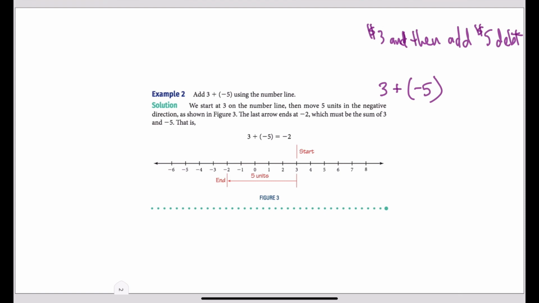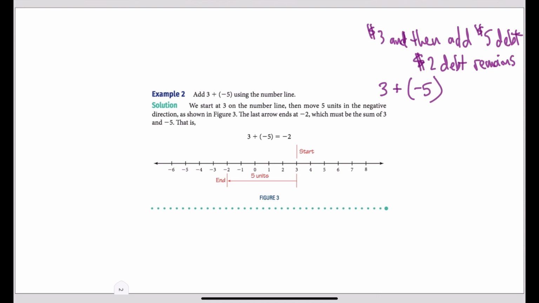Because I owe 5 and I have 3, if I had to pay all my debts right now with the cash that I have, there'd be $2 in debt remaining. So if we agree about that, then let's see how the number line can help us solve problems like this without so much context.